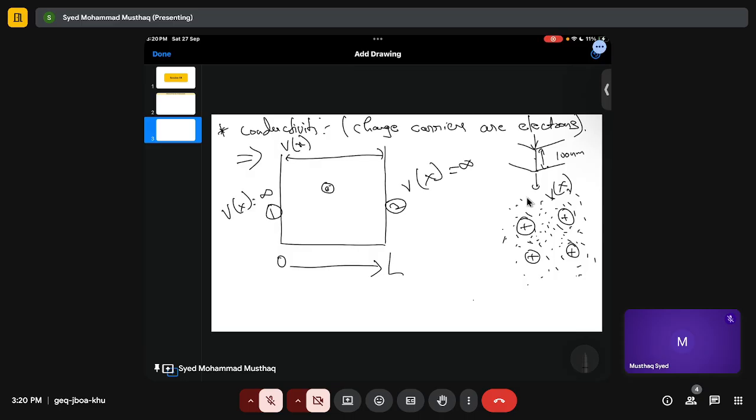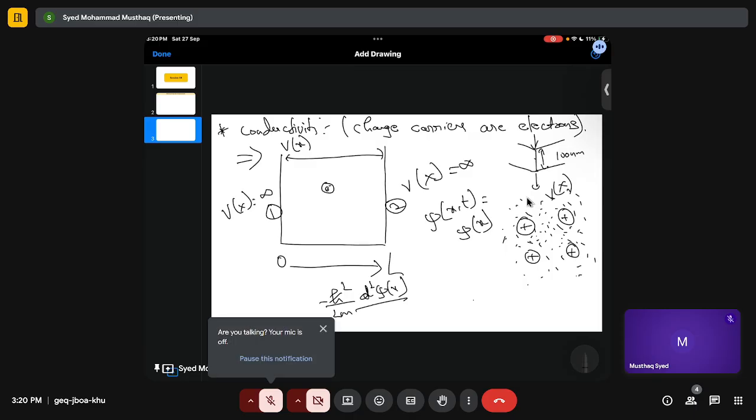Now, if I try to write a Schrodinger equation, and we all know the Schrodinger equation, right? It is simple: h bar squared by 2m times d squared psi of x, let's say our wave function is time independent.